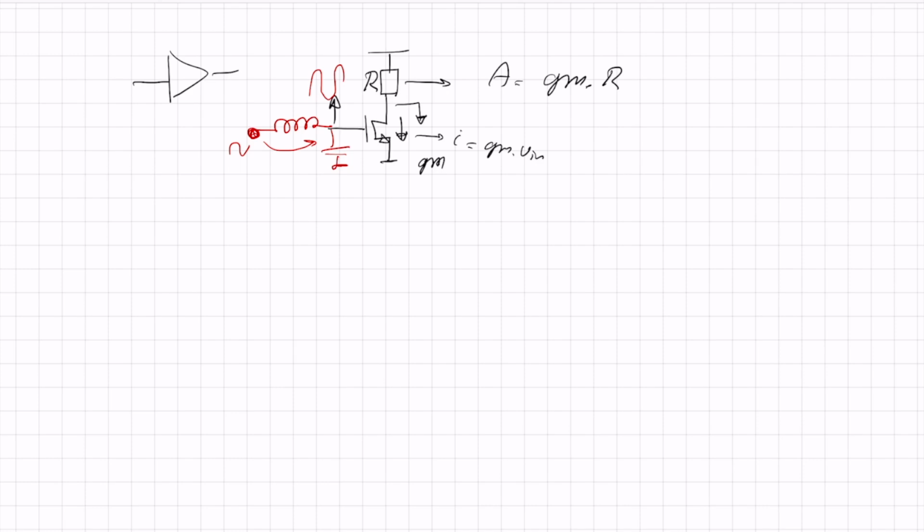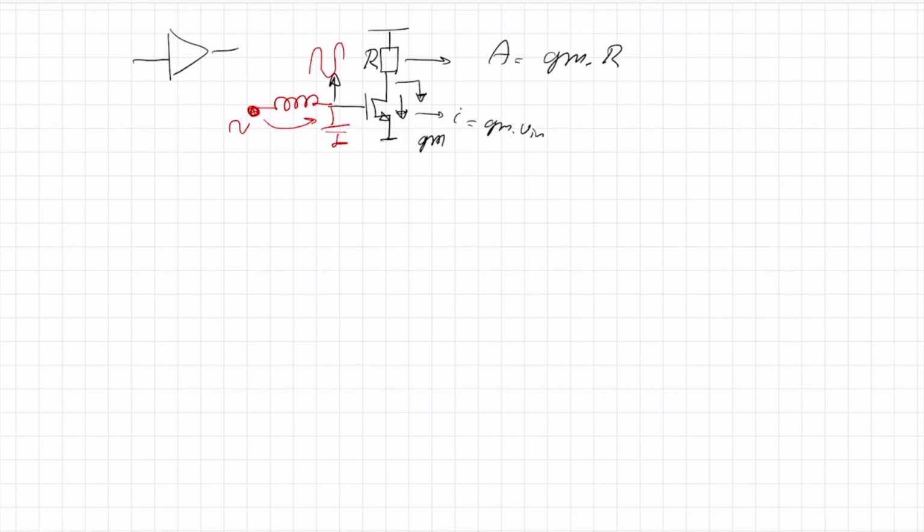Filters. Filters at high frequencies are built with inductors and capacitors. This is, for example, a bandpass filter. I have here my signal, there's a source impedance, and then I have a resonant tank, an inductor and a capacitor, and they have a bandpass characteristic.